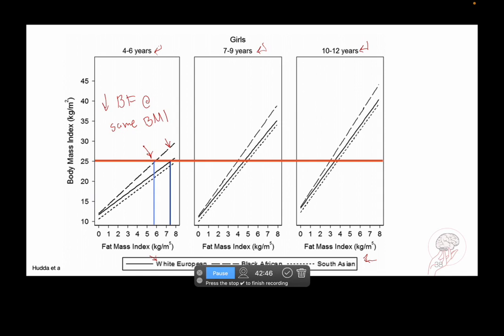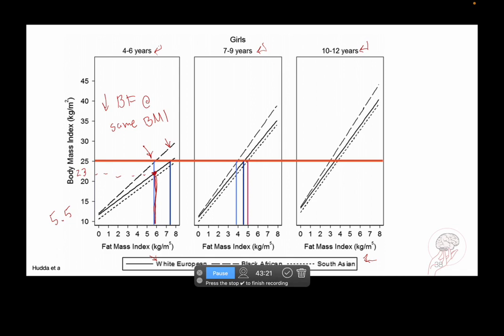Another way we could look at this is we can see that the African American girls, let's say, have a fat mass index of around 5.5 at a BMI of 25. We can then go up to where the white European girls are, and we see that this is equivalent to a BMI of about 23 for the white girls.